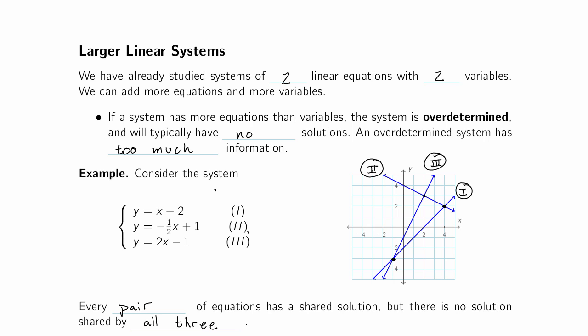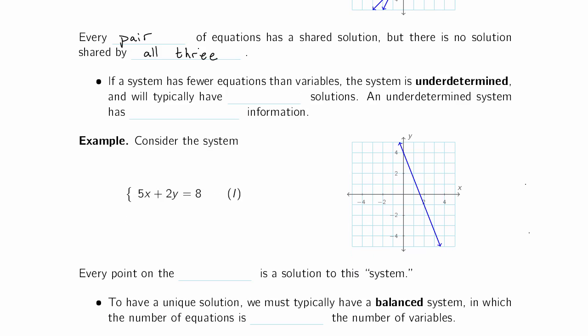We can also have an underdetermined system. An underdetermined system has fewer equations than it has variables, and it will typically have infinitely many solutions. The reason for that is that an underdetermined system has too little information to narrow down to a single point. This is kind of boring to see in two variables, because the only way to have fewer equations than variables is to have only one equation.